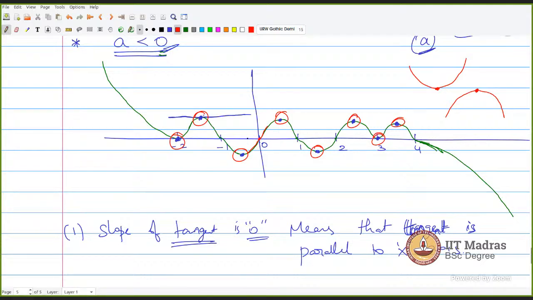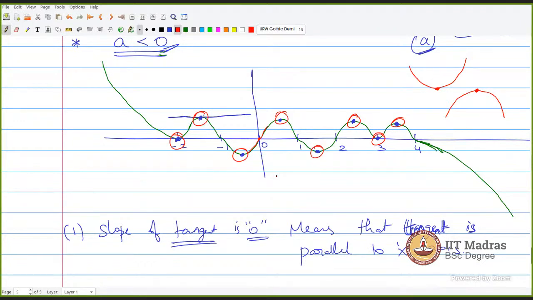Is there any statement in your lectures or somewhere saying that at roots the slope of the tangent is 0? Sir, no, but can we consider it like a point?